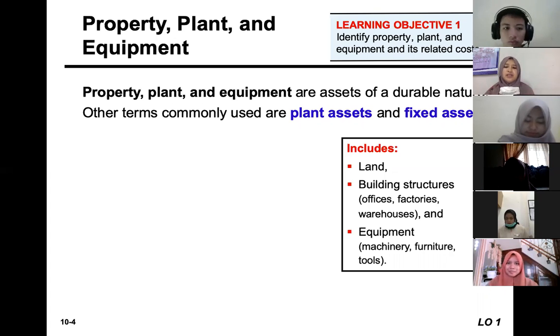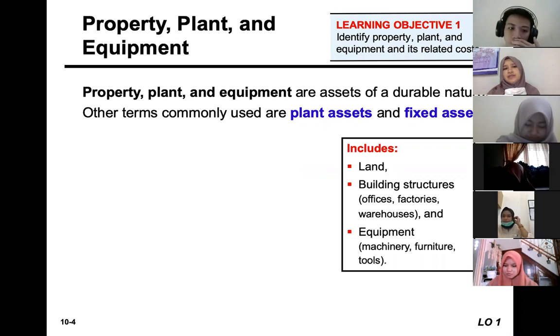It depends on each company, on the operation of the company, the need of the operation, and the amount of financing that they have. That will influence their decision to have additional property, plant, and equipment.